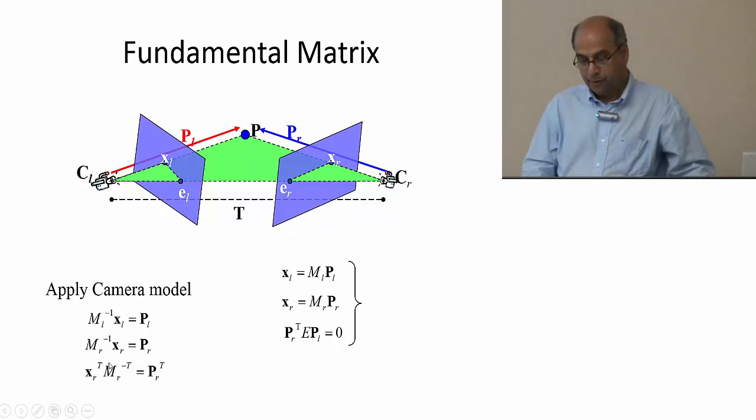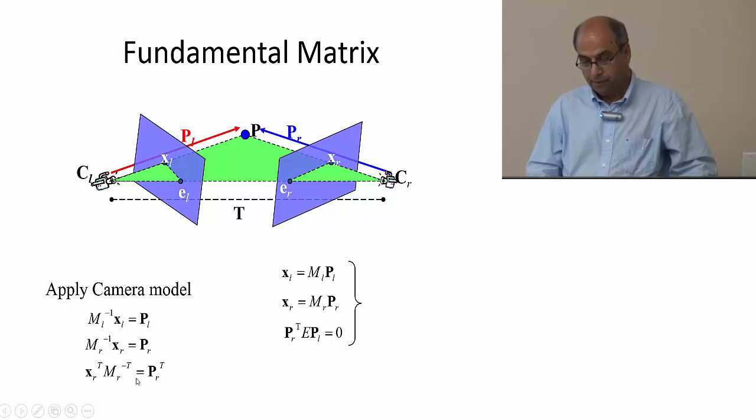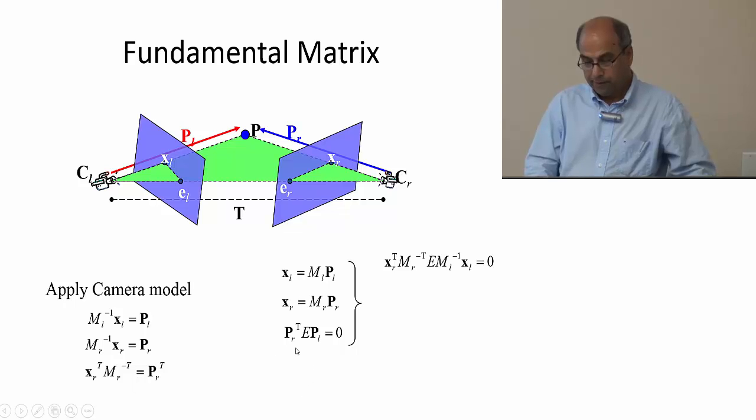When we take the transpose of this, it can be written as XR transpose and MR minus T. So now we are going to simplify.